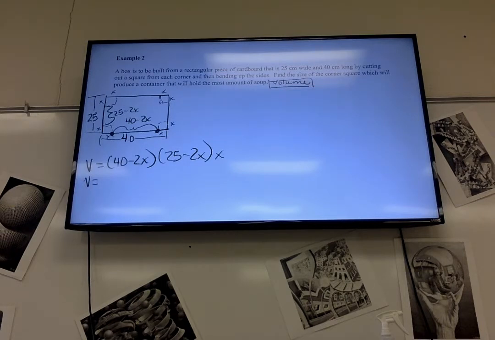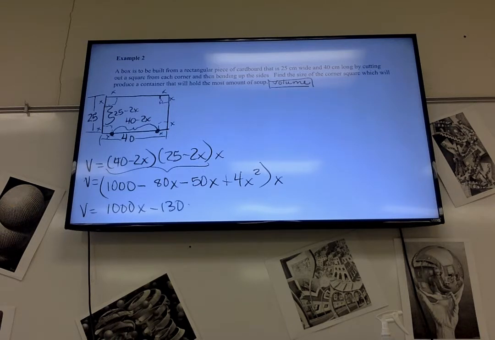I'm going to just FOIL these 2 first. 40 times 25 is 1,000, then minus 80x, minus 50x, plus 4x squared, times x. Simplifying and distributing the x, I have 1000x minus 130x squared plus 4x cubed.